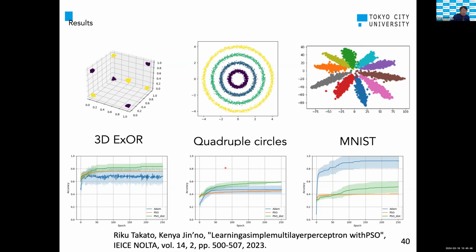As the number of parameters increases, the loss function of a multilayer perceptron generally has many local solutions. However, it has recently become clear that even a local solution can yield good classification accuracy in multilayer perceptron, which may explain why the gradient method achieves better results than PSO.